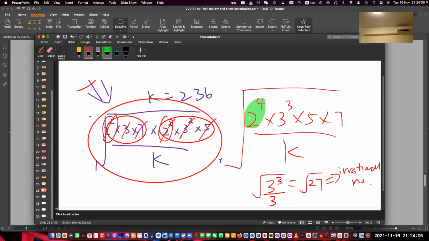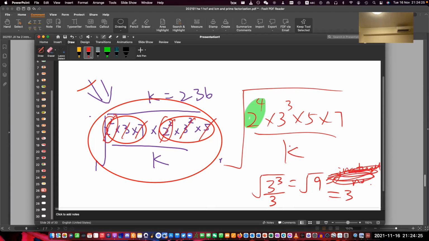If you divide by a 3, you will get 9 inside. Square root 9 is 3. Then you will get a rational number.